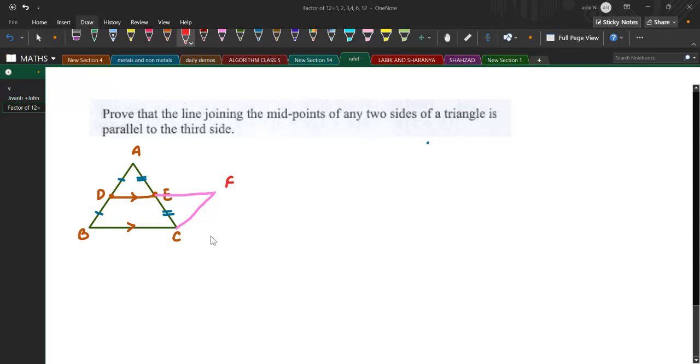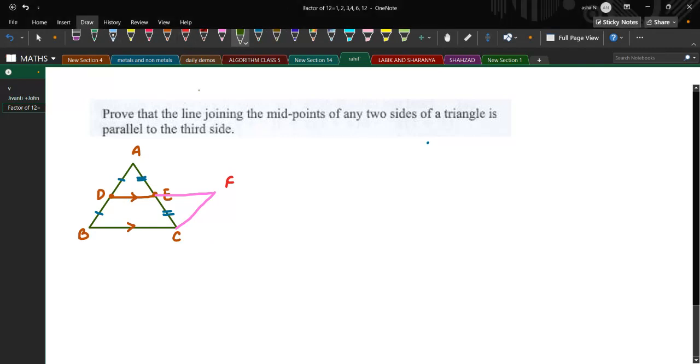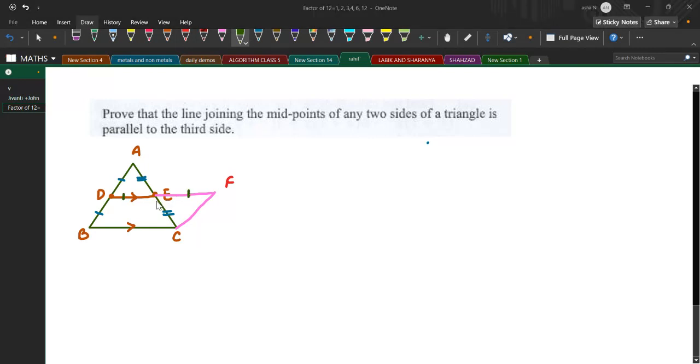We will write construction: extend the line DE and produce it to F, such that EF is equal to DE, and join CF. So this is the small construction we have done.